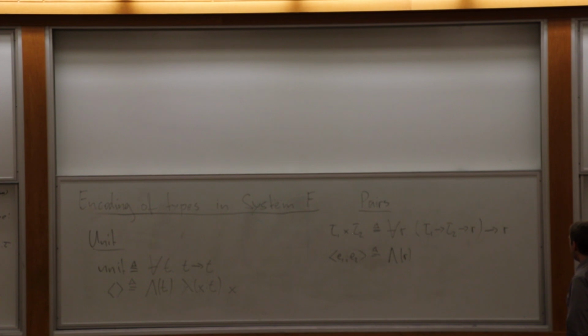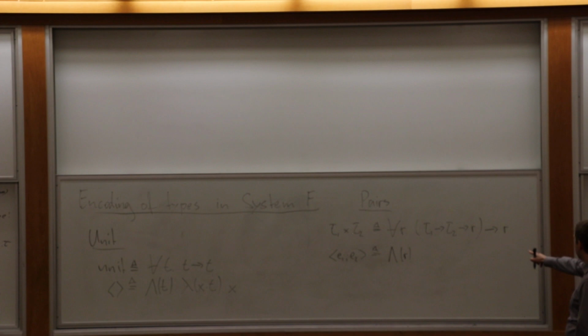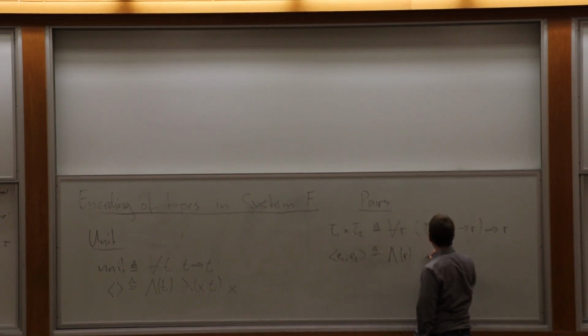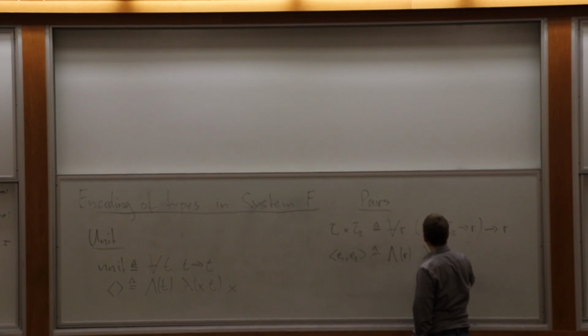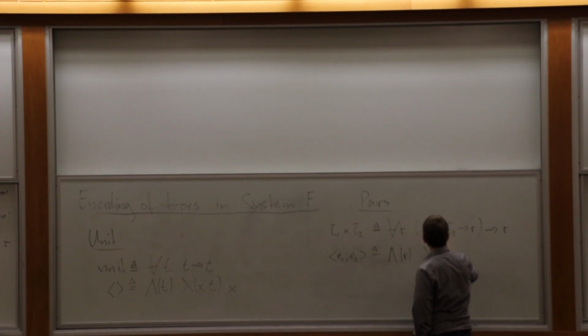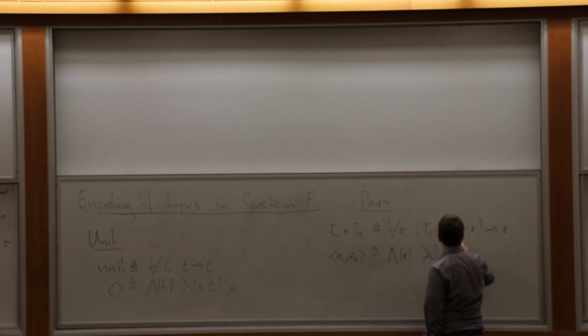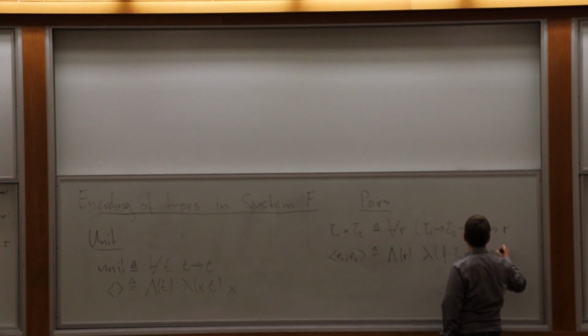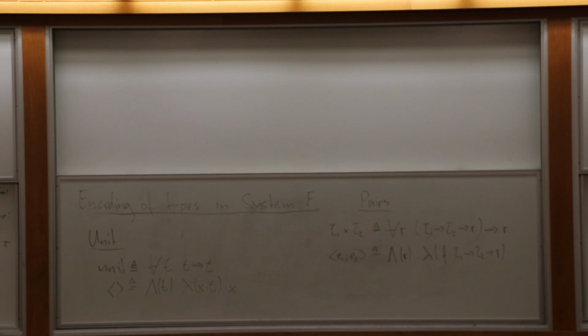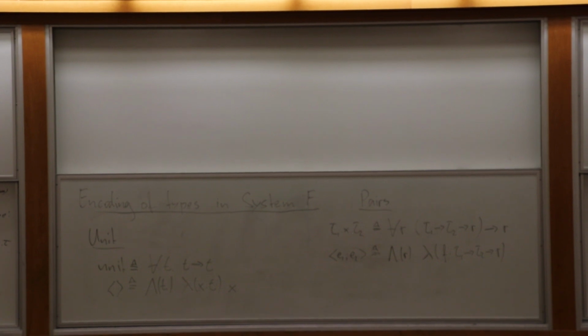Then I have a lambda that takes in a function, I don't really have an option there, and something of type R. How do I do that?